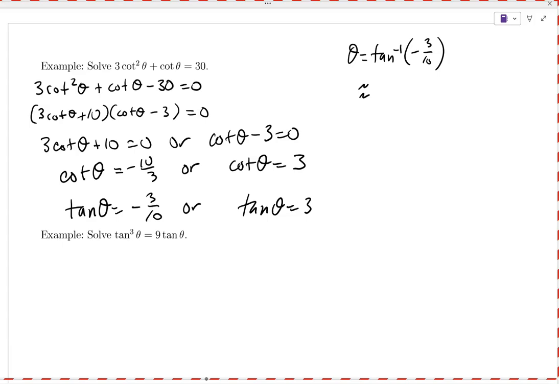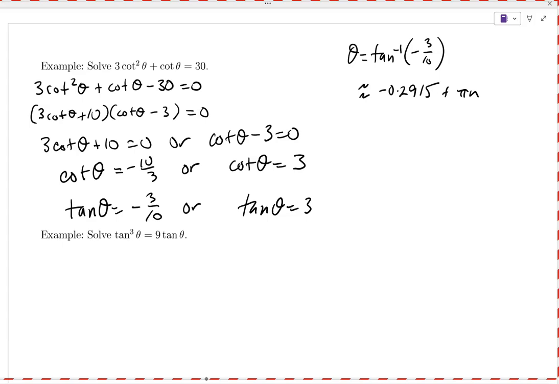Put that in your calculator. What do you get out for theta? Remember, we're doing these in radians. Negative 0.2915. Okay. Remember again, our period for the tangent function is pi.